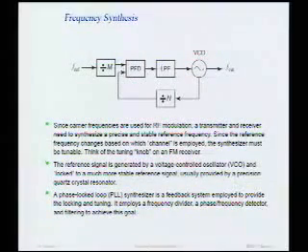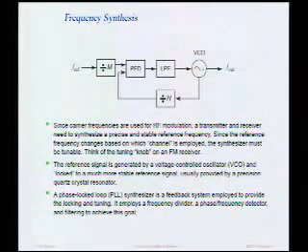Okay, what are some of the other big ideas in building a wireless system? Well, another big building block in a receiver and a transmitter is what we call a frequency synthesizer. And as the name suggests, we synthesize a very precise frequency. Now, most of you have used a frequency synthesizer.